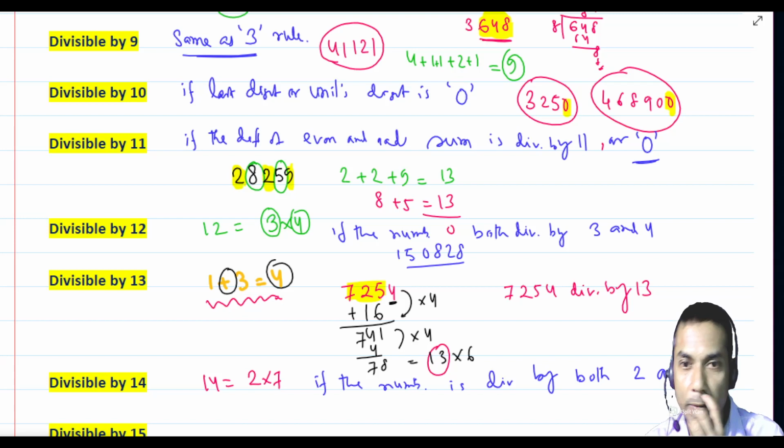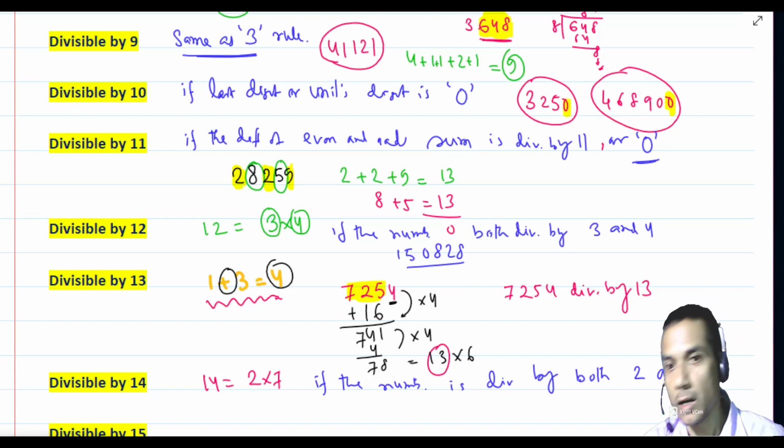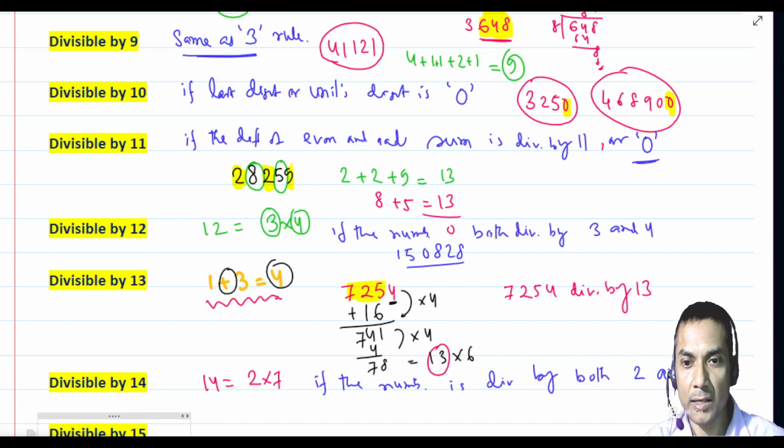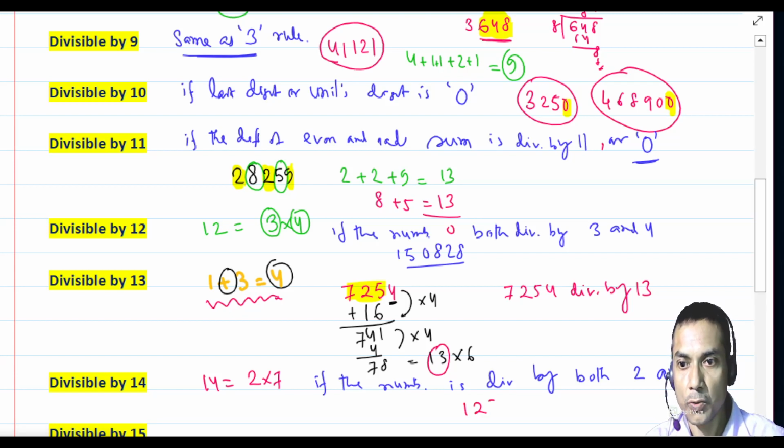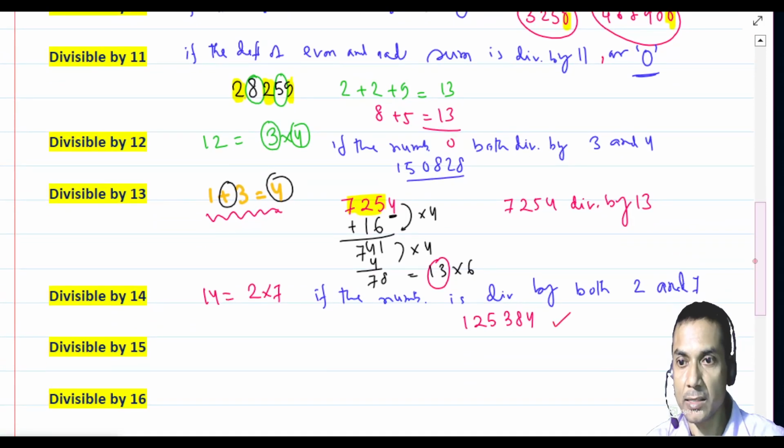As per the 2 and 7 rules I have earlier discussed, you apply these rules and you get the result. I give you one example: 125384. You check whether it is divisible by both 2 and 7 or not. Yes, it is divisible.